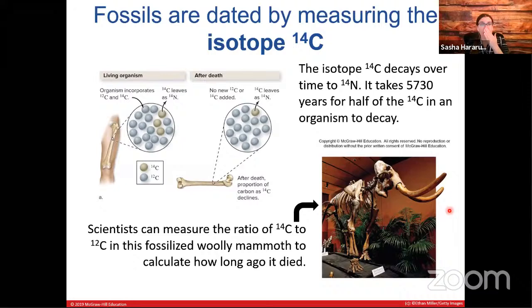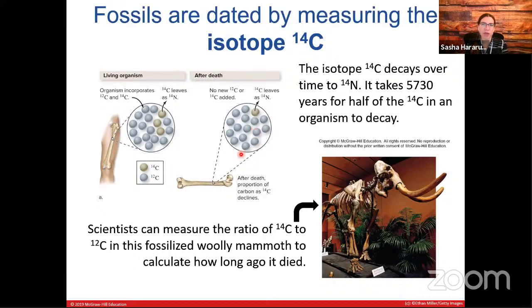All right. So as I just mentioned a minute ago, while the organism is alive, it eats and constantly replenishes its carbon-14 content. But after it dies, the carbon-14 starts decaying into nitrogen-14, and the carbon-14 content within a dead organism gradually declines.